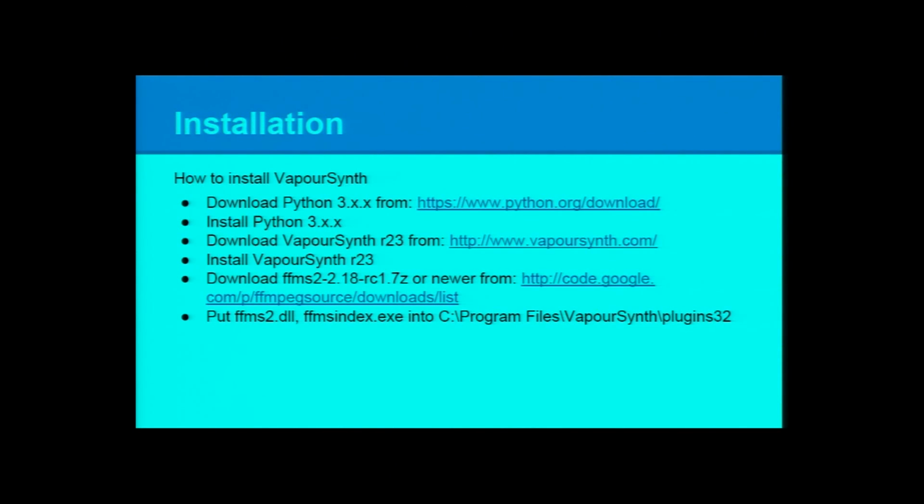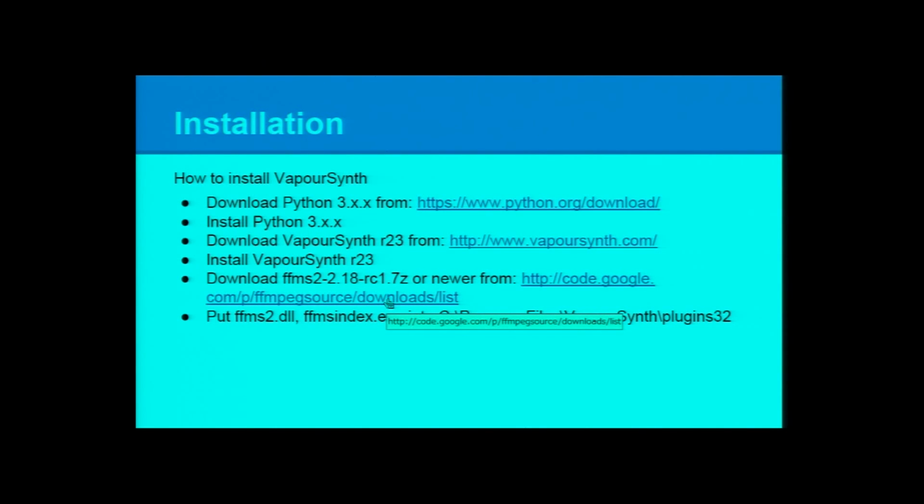So next time I will show you how to install VapourSynth. If you want to use VapourSynth, just download Python 3 from the official site, then install it. And then you can download VapourSynth from vapoursynth.com and install it. Because it needs the script engine from Python, you must have this.